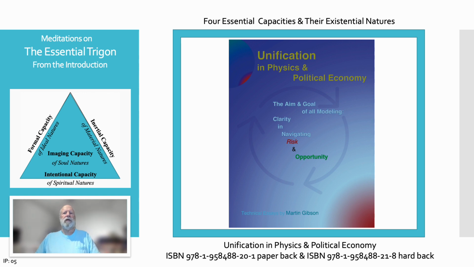These have been compiled together this year under a separate title as Unification in Physics and Political Economy, subtitled by an introduction, The Aim and Goal of All Modeling, Clarity in Navigating Risk and Opportunity. These are offered in paperback and hardback version. The print versions are available through local bookstores and online, but the EPUB version is not available as of this time.